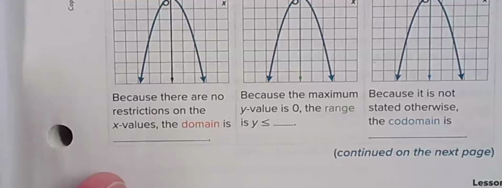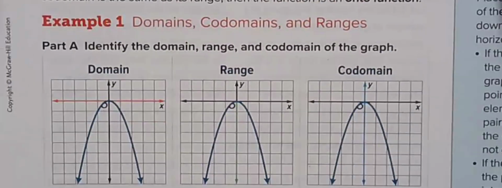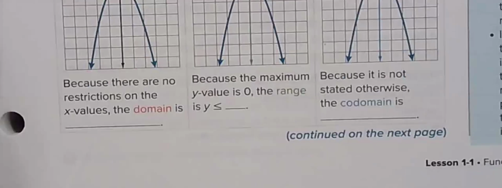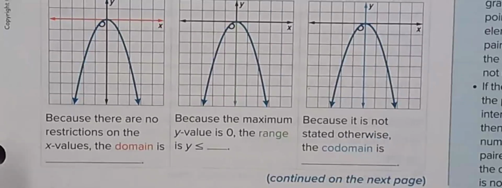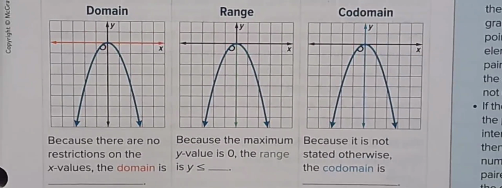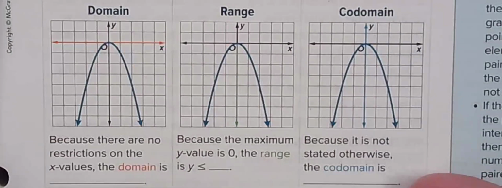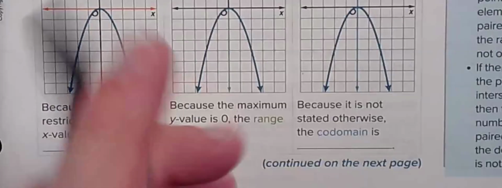So here we go. Let's take a look at example 1. Identify the domain, the range, and the codomain. Because there are no restrictions on the x values, we assume that the domain is what? It says unless otherwise stated, assume that the domain is... I'll go back up here real quick.